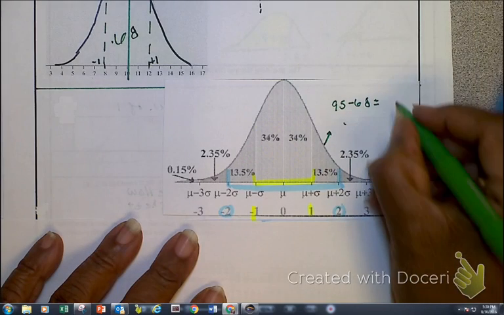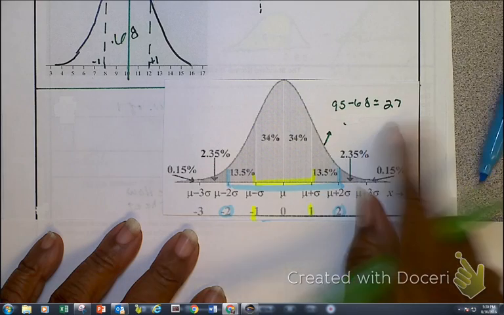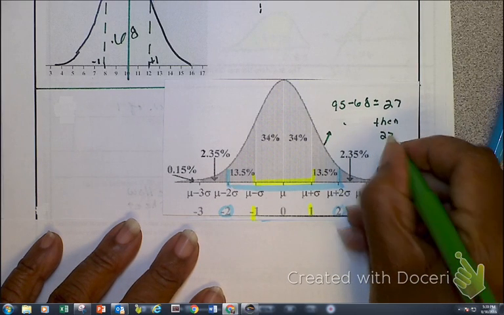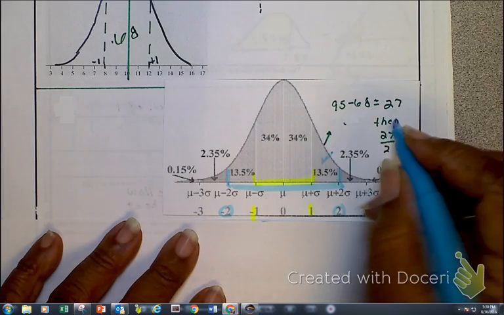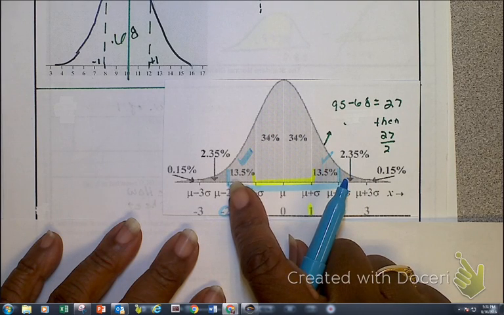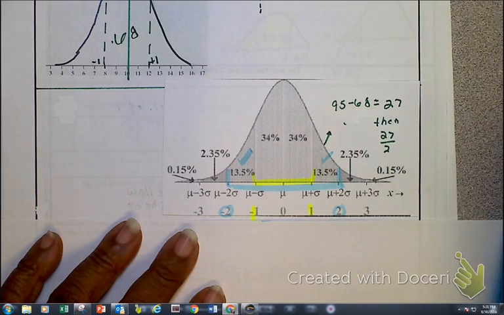So I whited it out so I can show you that the leftover from the 68 is 27, and then I have to take 27 and divide by 2 to figure out what's going on here and here. Because what is 13.5 double? Oh yeah, it is 27.